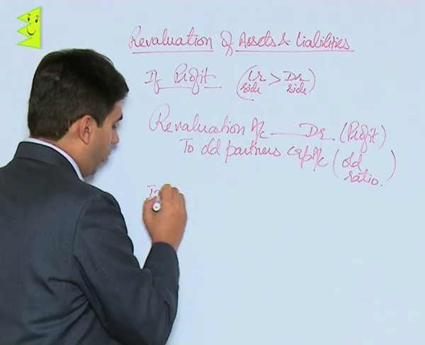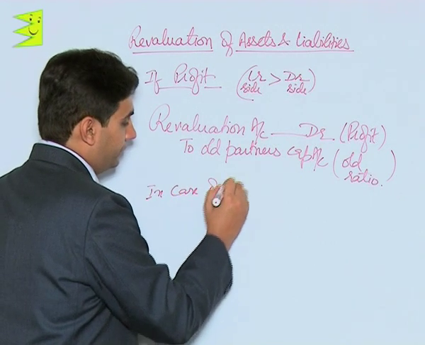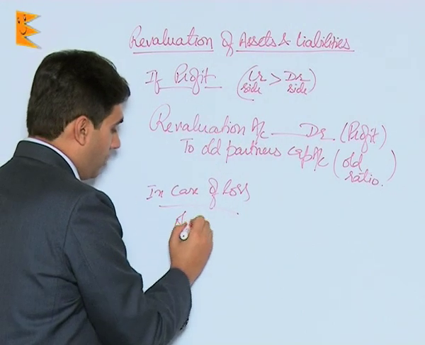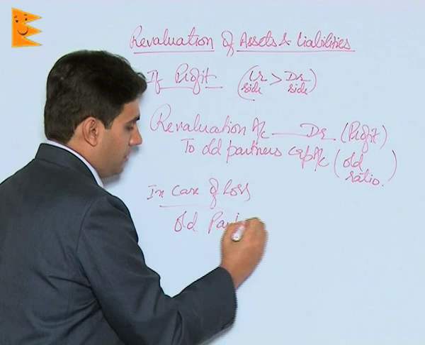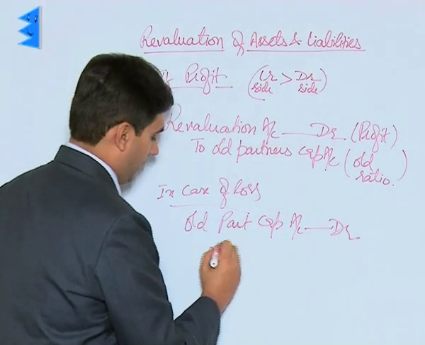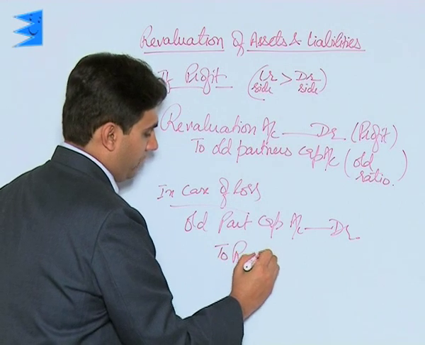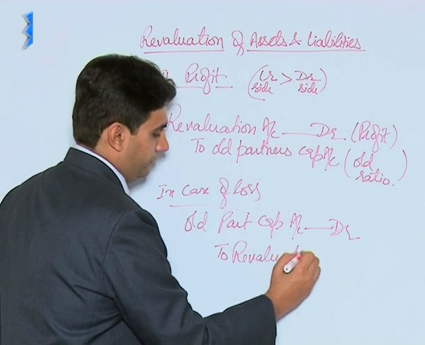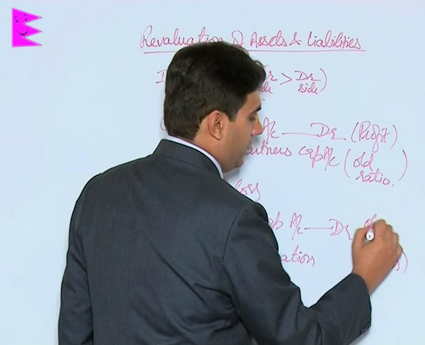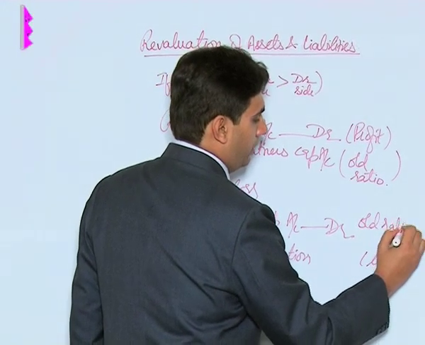And in case of loss, it would be a reverse entry, that is old partners' capital account debited to revaluation account, that is the amount of loss in their old ratio.